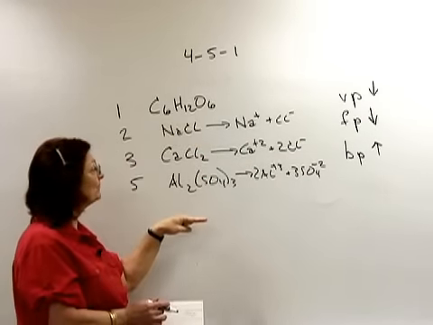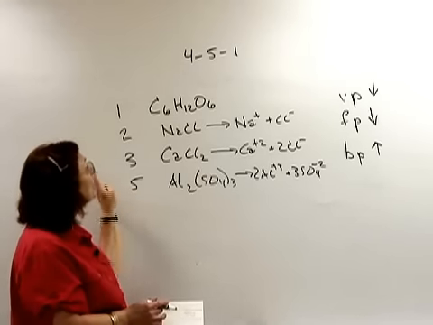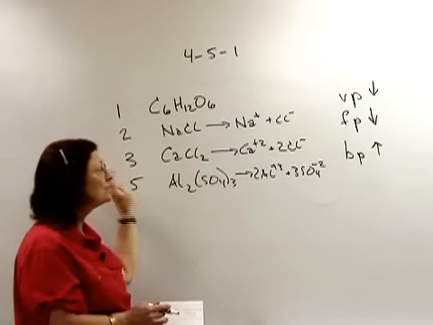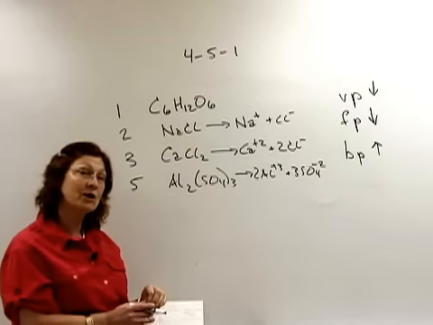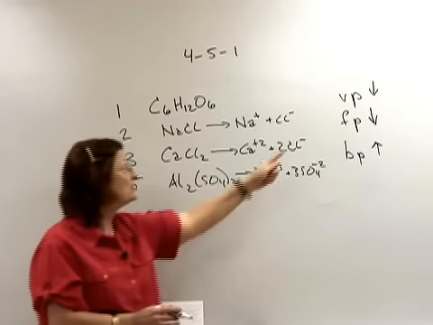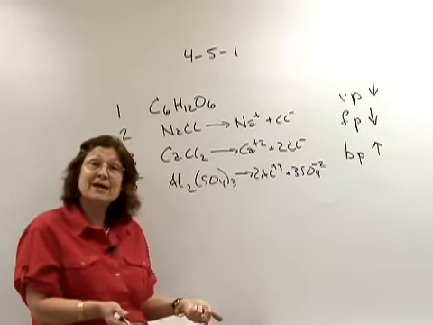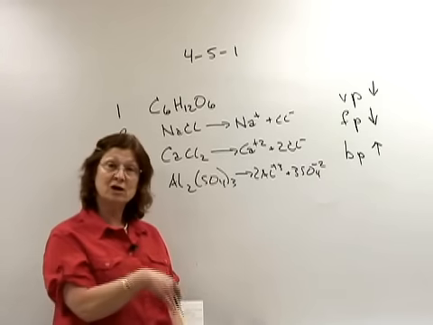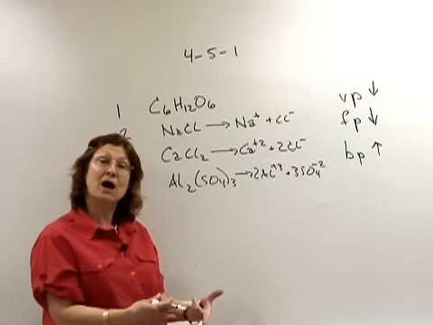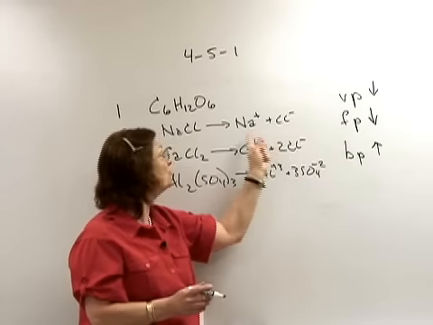It is important to understand that our electrolytes are the ones that are going to dissociate into particles, and they are the ones that will lower the freezing point and raise the boiling point. And this is why when we're cooking pasta and we put salt in the water, it makes the water get hotter, because it's going to raise the boiling point by those two particles.